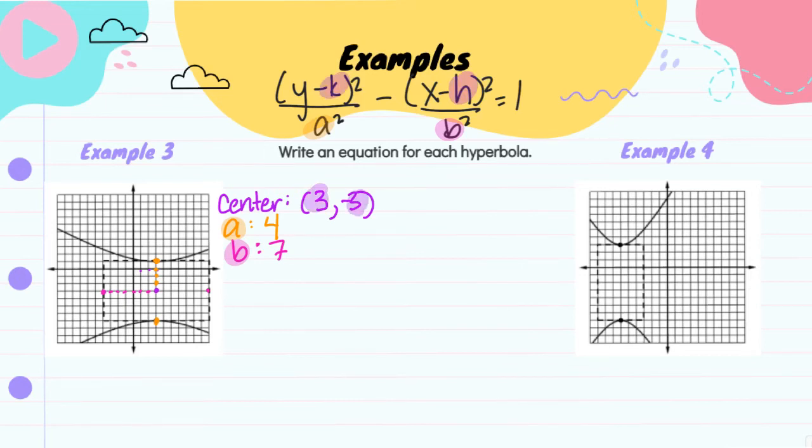But now it's a little tricky with the vertical because h and k are flipped. So be really careful.